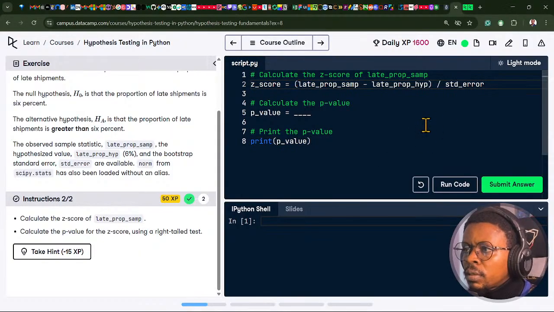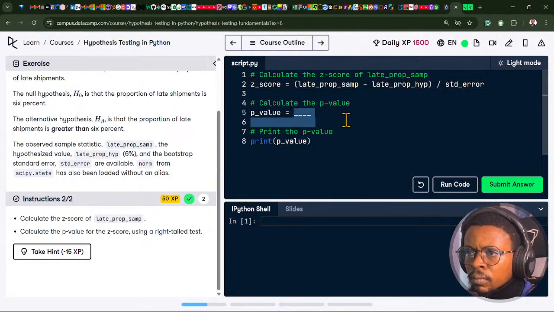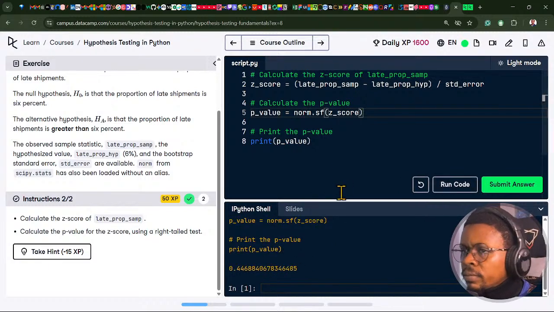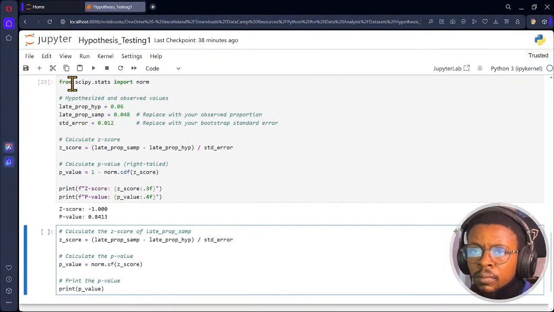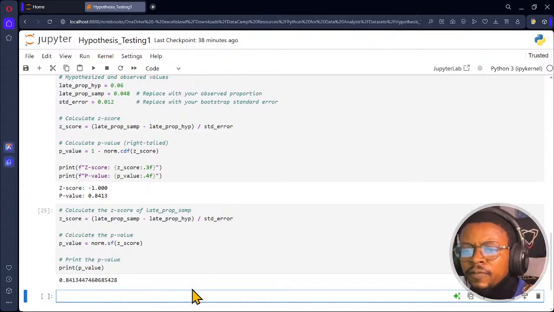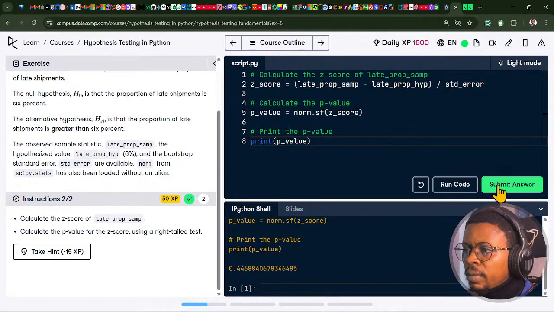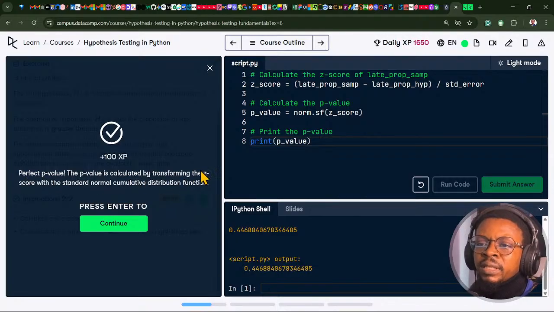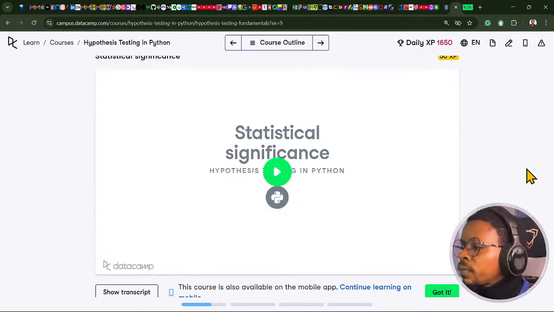The z-score should be this, and the p-value is 0.8413. Oh, this is showing me 0.44. Oh, probably because I'm using some error here. Perfect p-value. The p-value is calculated by transforming the z-score with the standard normal cumulative distribution function. Okay.